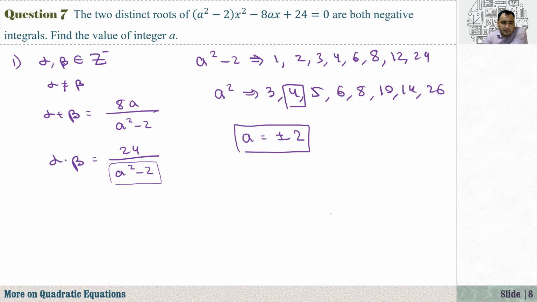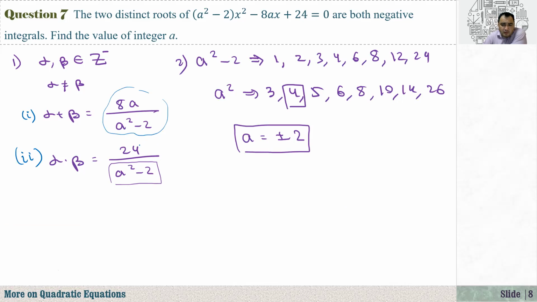Okay, I think we are not done yet. Let's say this one is step number 2, and step number 3, from this equation, let me write here I, and this one is double I. Since alpha and beta are negative numbers, also 8a over a squared minus 2 must be a negative number.